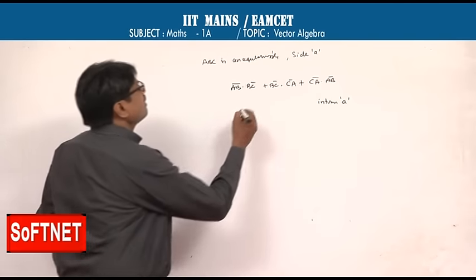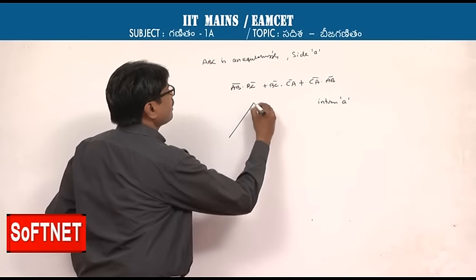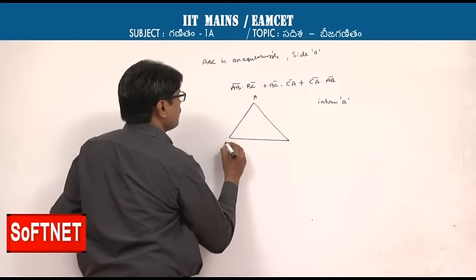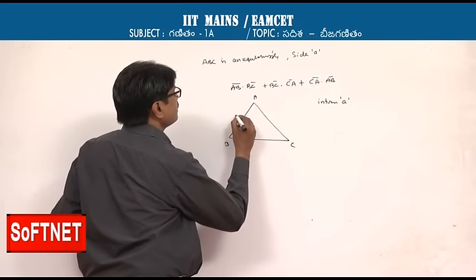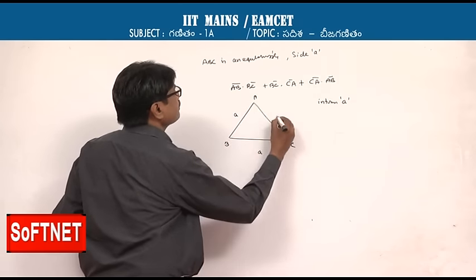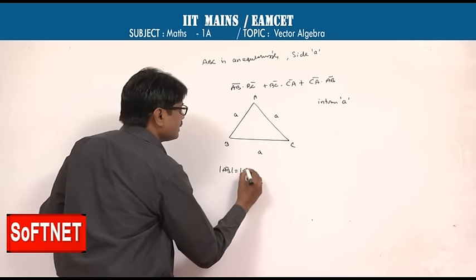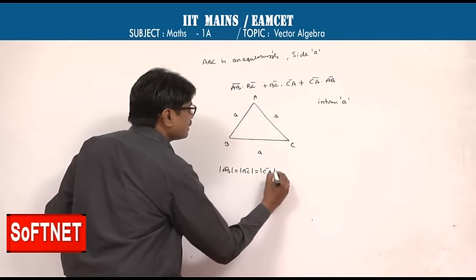In an equilateral triangle, all three sides and internal angles are equal. A, B, C, side a, side a, side a. That is, mod of AB bar is equal to mod of BC bar is equal to mod of CA bar is equal to a.